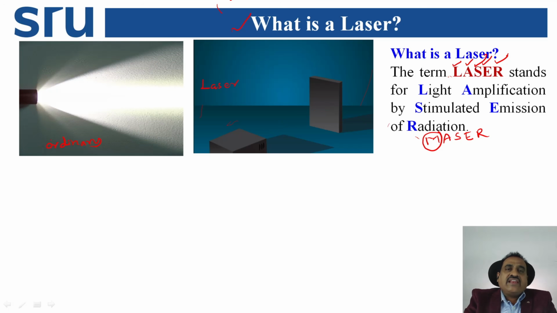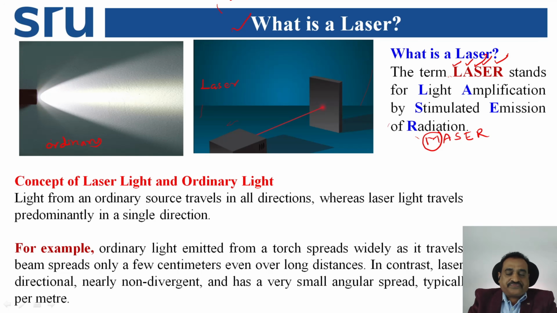That is why a laser beam can travel a considerable distance while remaining highly concentrated. This special nature of laser light makes it useful in communication, scanning, medical applications, industry, measurement, and scientific research.